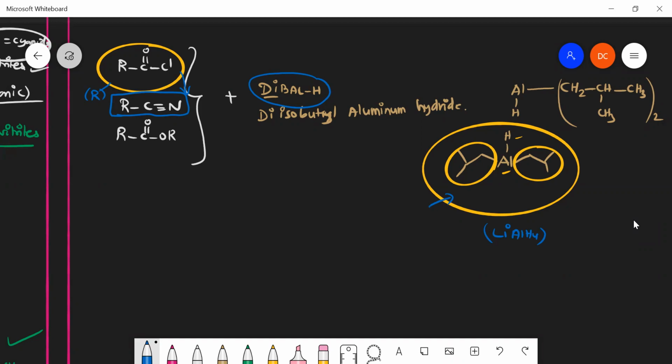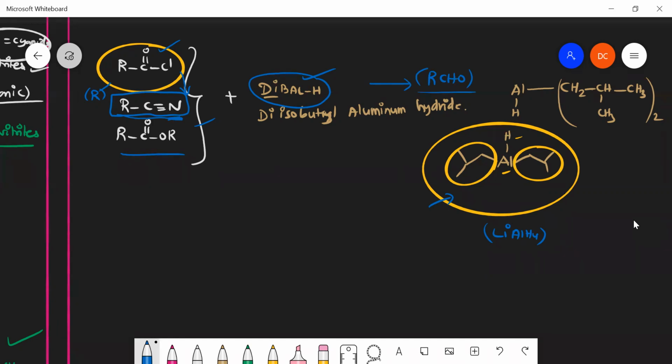If it were a strong reducing agent, RCOCl would give alcohol as the product, and ester would also give alcohol. With a strong reducing agent on the nitrile, the product may be an alkene. But with DIBAL-H there will be a partial reduction, acting as a mild reducing agent to convert RCOCl into aldehyde, RCHO.